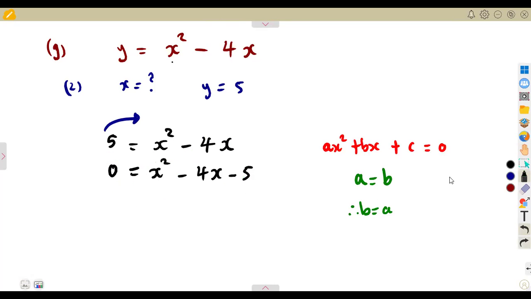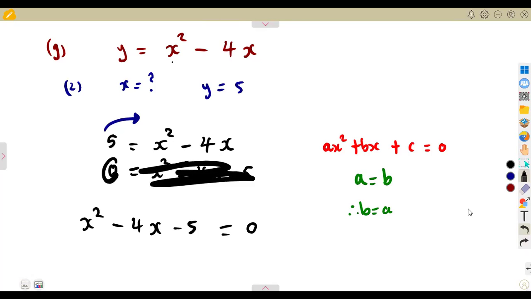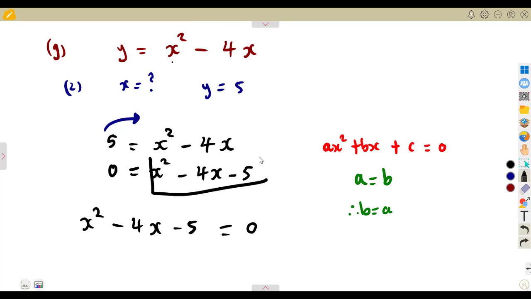So I can write it in a way that I understand: x squared minus 4x minus 5 is equal to 0. I'm not transposing anything, I'm just interchanging their sides. If A is B, it means B is also A. Not minus B, not minus A.